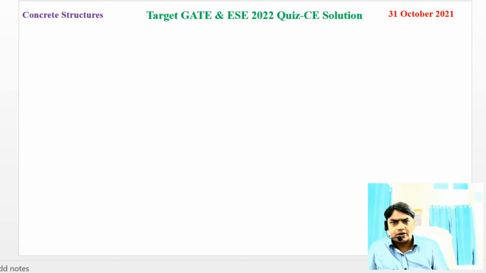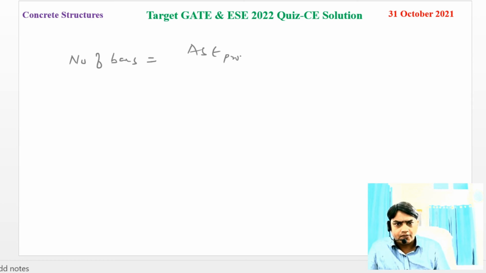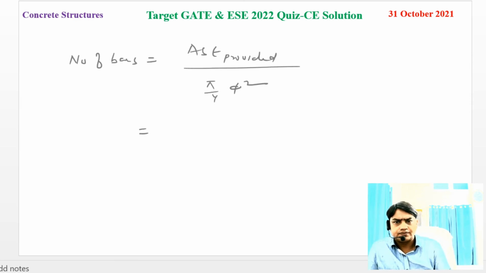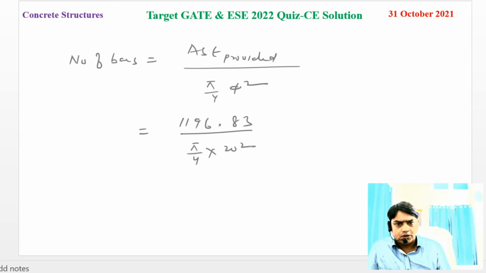So number of bars is equal to Ast provided divided by pi by 4 into phi square. So it is 1196.83 divided by pi by 4 into 20 square.